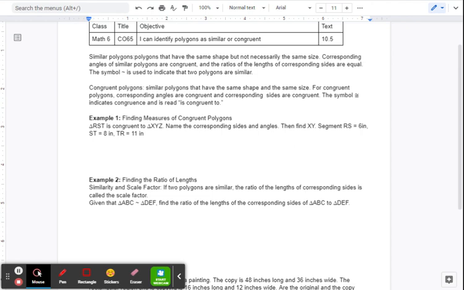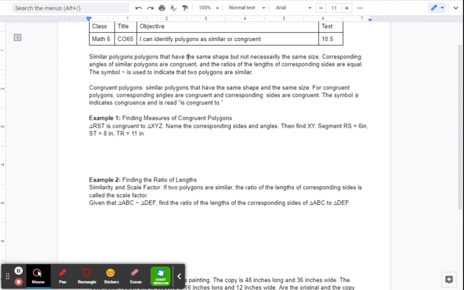Here, RS is first. So those are the two segments, the two sides that are congruent. Does that make sense? We have triangle RST and XYZ. So RS is congruent to XY. So right here is congruent to right here.